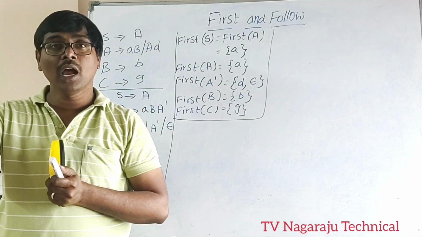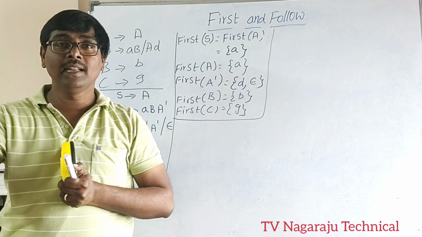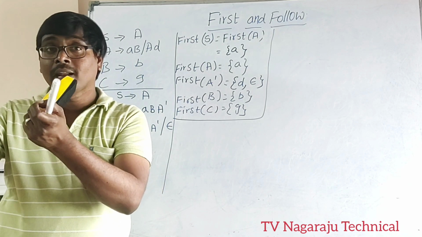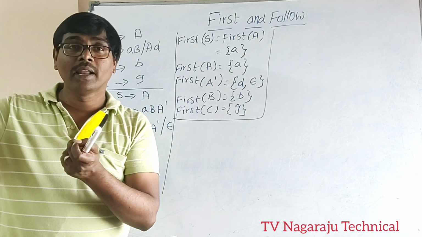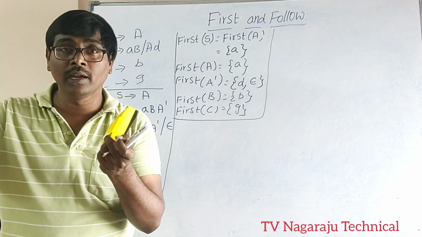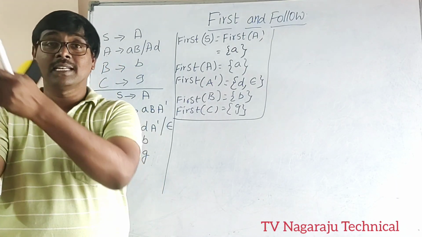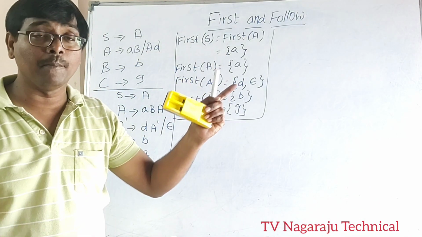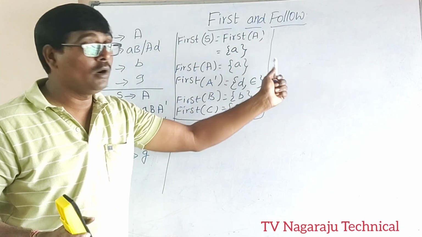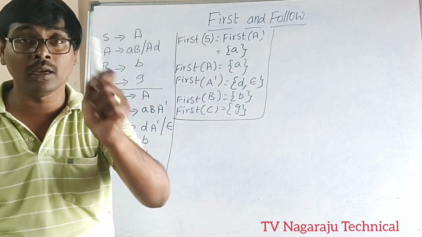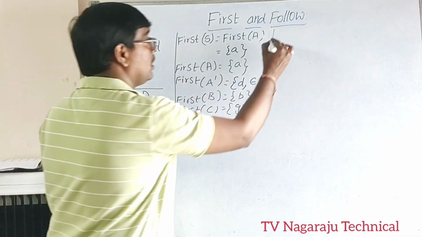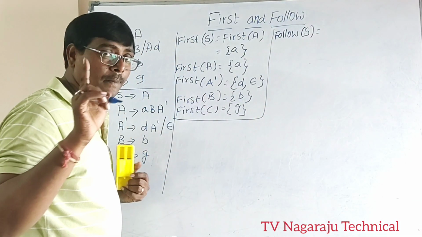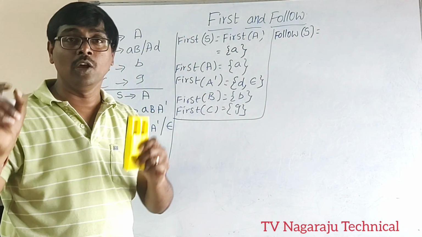After S, if you have a terminal symbol, directly that terminal is the follow of S. If after S you have a non-terminal symbol, then you calculate the first of that non-terminal. Suppose after S nothing is there, then the follow of S is the follow of its parent. But remember one thing, the follow does not contain epsilon.